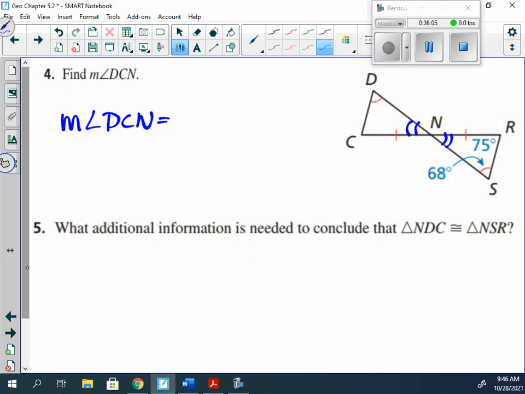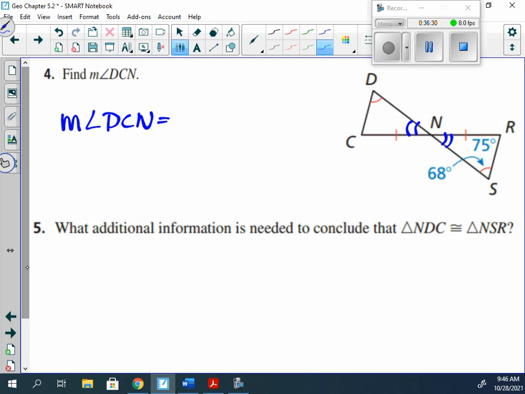Vertical angles are always congruent. If they're setting a figure up like this here, they're hinting at the fact that the vertical angles are congruent. Well, now do we have two angles in each triangle that are congruent? So now can we say that DCN, or angle C, is congruent to RSN, or angle S?